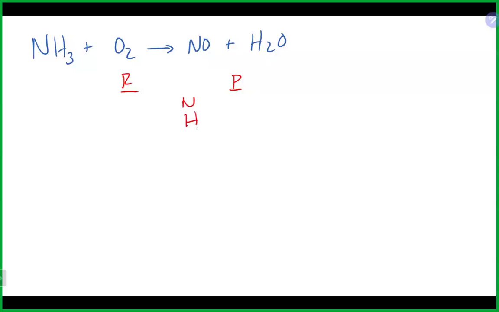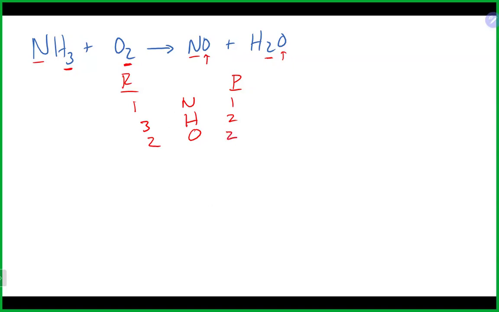Maybe not, we'll see. All right, so on left-hand side, nitrogen, we got 1. Right-hand side, we got 1. That's not too bad. Left-hand side, hydrogen, we got 3. Right-hand side, we got 2. Left-hand side, oxygen, we have 2. Right-hand side we have 1 there, and again 1 more there, which would make 2.